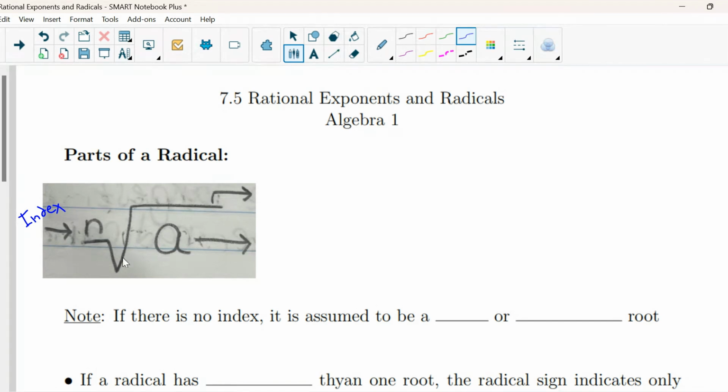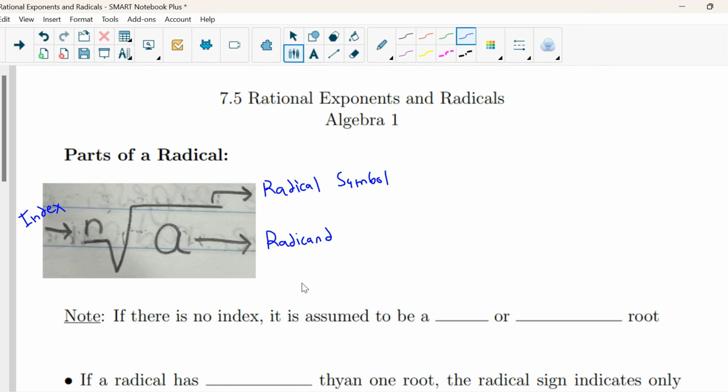Obviously, this symbol out above our a there is just our radical symbol. All right, and the number underneath your radical is called the radicand. That is the number you are taking the radical of.